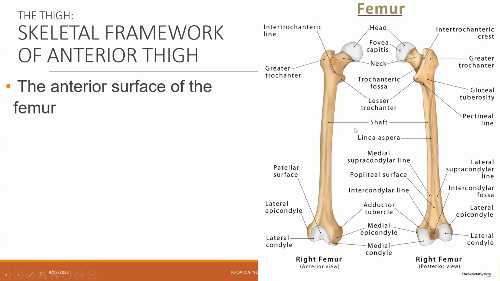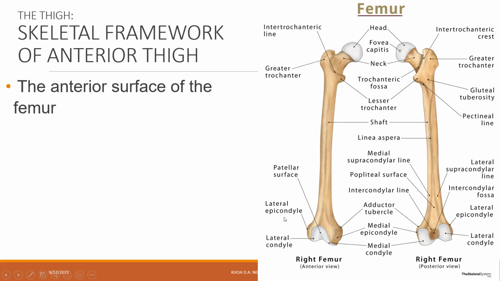All right, so the skeletal framework of the anterior thigh, and indeed the whole thigh in general, is the femur. Now, the anterior thigh is supported by the anterior surface of the femur, which is this surface right here. The posterior thigh is consequently supported by the posterior surface of the femur, as you can see here.